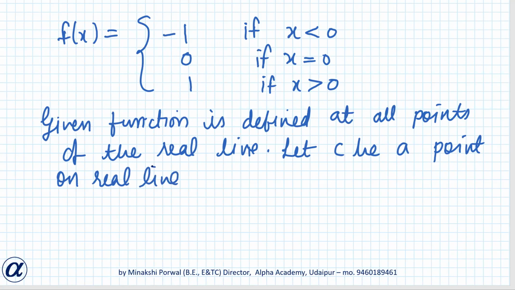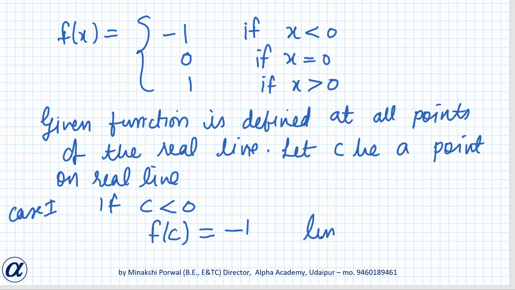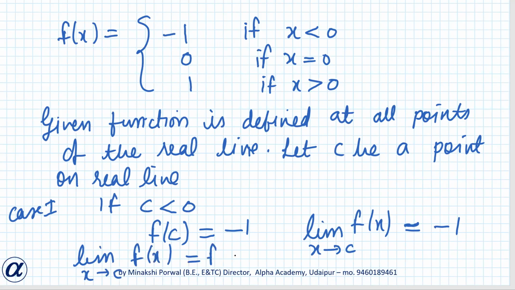First, case 1, if c is less than 0, f(c) can be written as minus 1, and the limit as x tends to c of f(x), the value of f(x) is minus 1 only, so that is equal to minus 1. So the limit as x tends to c of f(x) equals f(c). So the function is continuous for all points x less than 0.